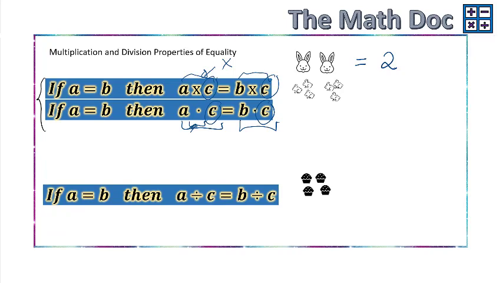So we multiplied the number of bunnies by the number of babies they each had in order to get the total number of babies. So how many babies do we have? We have 1, 2, 3, 4, 5, 6 babies. 3 from the first and 3 from the second, so that's just 2 times 3. So we have 6 of these babies.